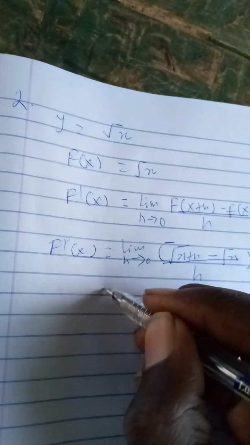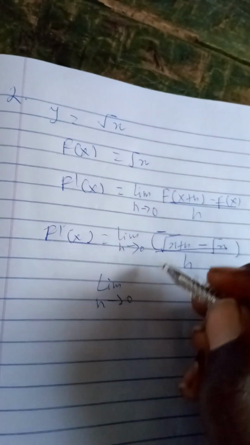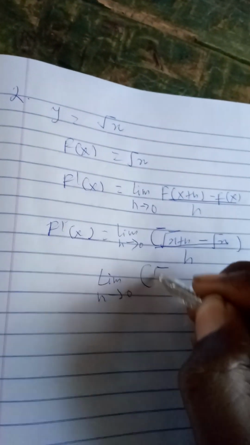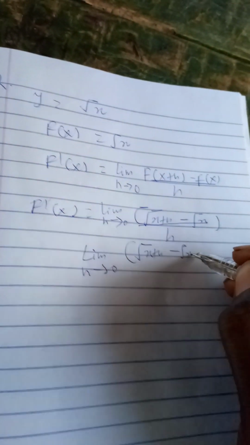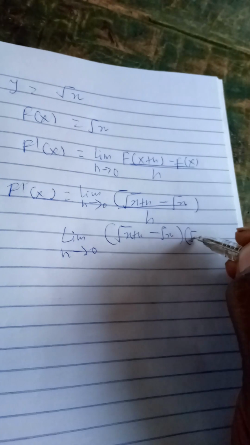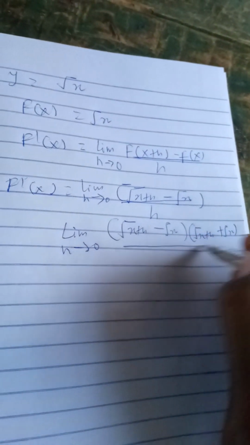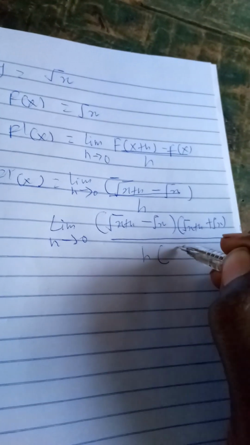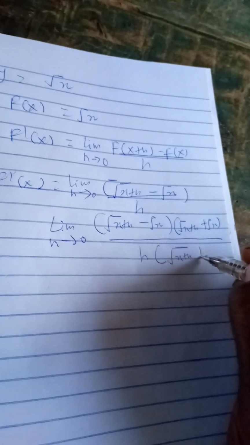So you have the limit as h tends to 0 of [root of (x plus h) minus root of x] multiplied by [root of (x plus h) plus root of x] over h times [root of (x plus h) plus root of x].